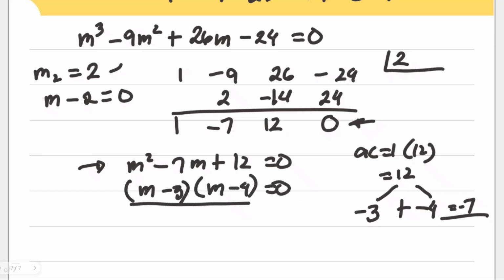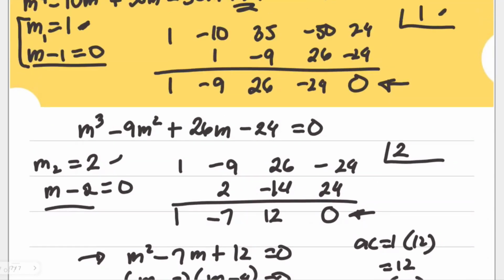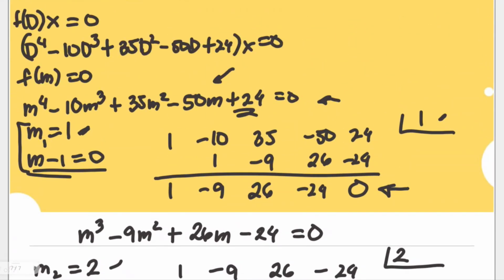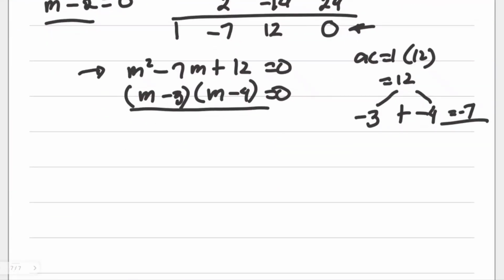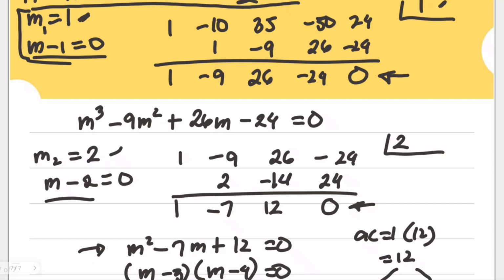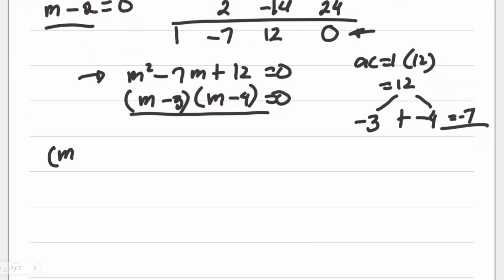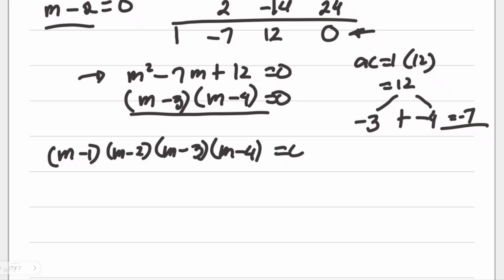With all of these 4 factors, our auxiliary equation earlier will be broken down into these factors. Your first factor is m minus 1. Okay? m minus 1 times m minus 2 times m minus 3 times m minus 4 equal to 0.